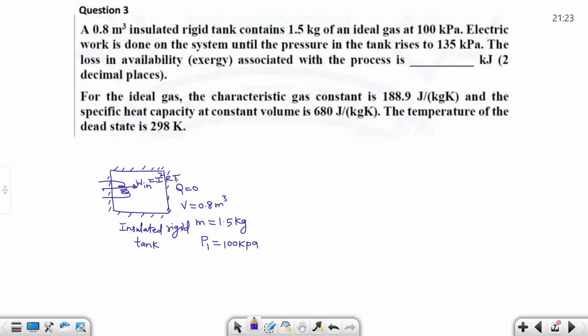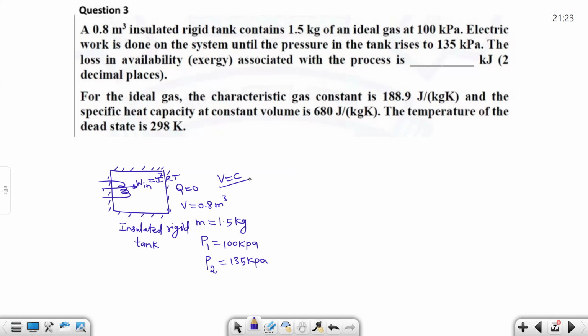This is the electrical work input given to the system which raises the pressure to 135 kPa. Your volume remains constant. Volume, there is no change. Volume is constant. The loss in availability associated with the process.